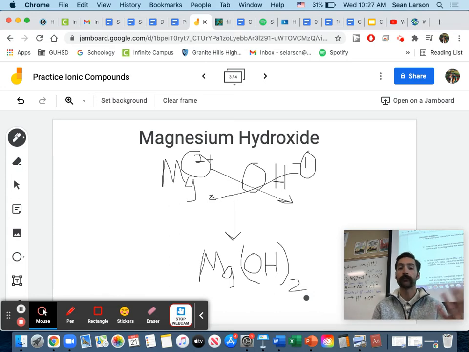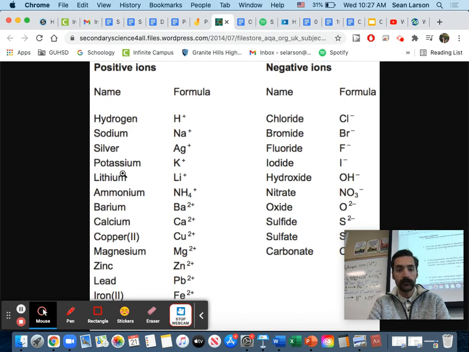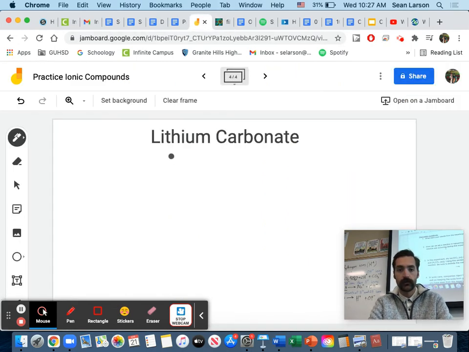So let's go to our final example of the crisscross method: lithium carbonate. Looking at our chart here, lithium is right here, Li with a positive 1 charge. So Li with a positive 1 charge, and carbonate.